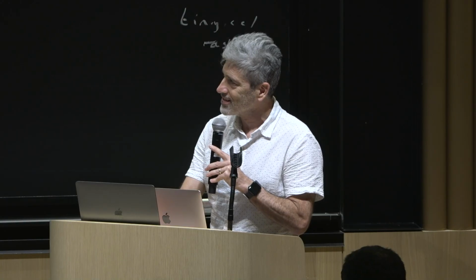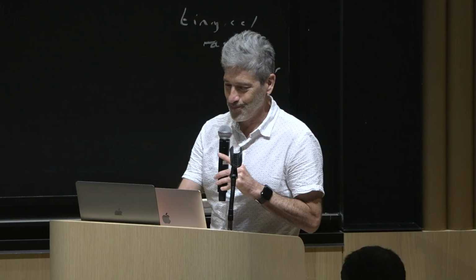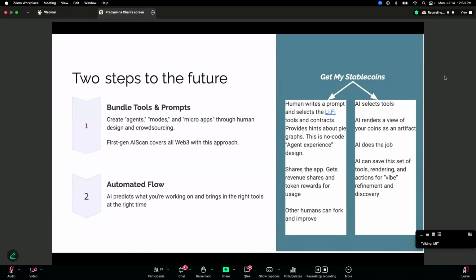So that's one way of looking at a quilt of agents. It's a bunch of bundles that humans make. And that's sort of the first step in this process. Humans make them, humans share them, humans can fork them. That's where we are. That's what we mean by agents. We're creating these really limited bundles.